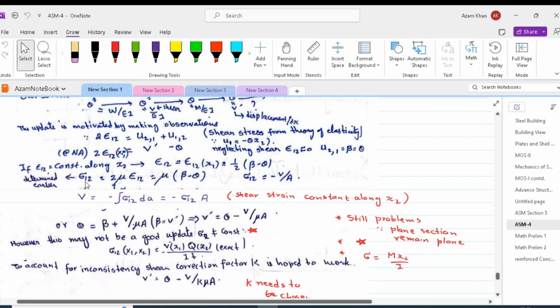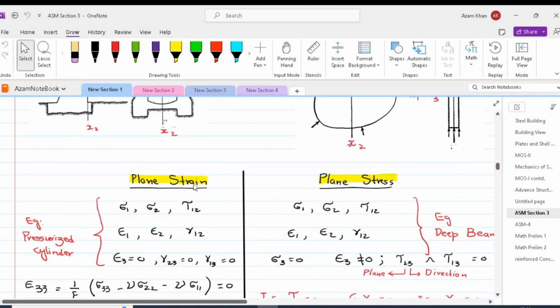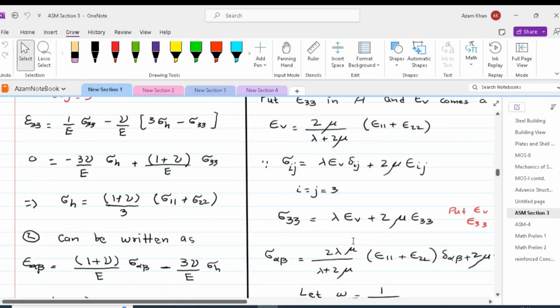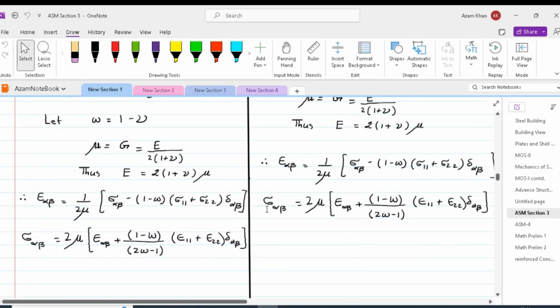As we know, σ1,2 is equal to 2μ ε1,2, and this we derived earlier. In our plane strain and plane stress problem, we derived the constitutive equation: σαβ is equal to 2μ, big bracket, εαβ plus the expression involving ν and ε1,1 plus ε2,2.